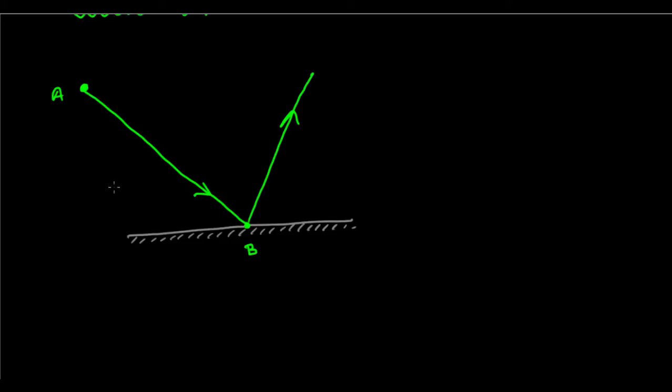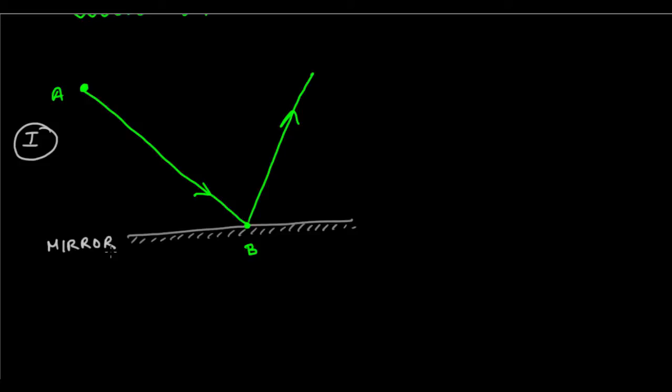Keep in mind that the light came from a medium 1. So this was the first medium. This is suppose a medium, right? Through which light is traveling. Now it came from that A point which is in medium 1, and that light ray came and struck the mirror at B. So suppose this is the mirror. It struck the mirror at B, and then it jumped back into the same medium 1, right?